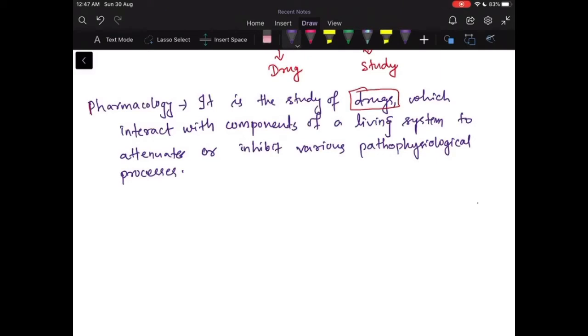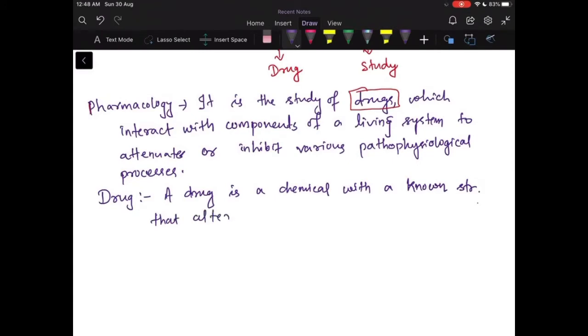Let us understand what is a drug. A drug is a chemical with a known structure that alters the pathophysiology for a therapeutic system.